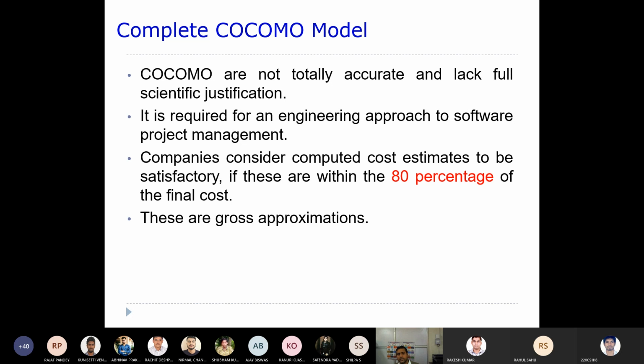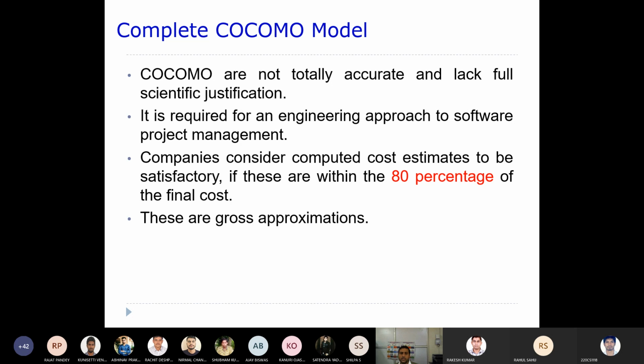As far as COCOMO is concerned, it is not totally accurate. It lacks full scientific justification, because we need to apply an engineering approach. When you talk about software project management, we usually go through an engineering approach, right?